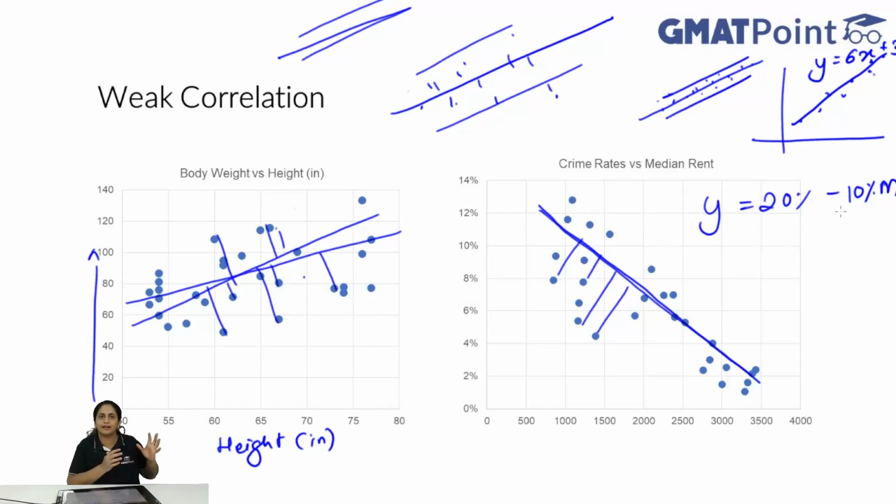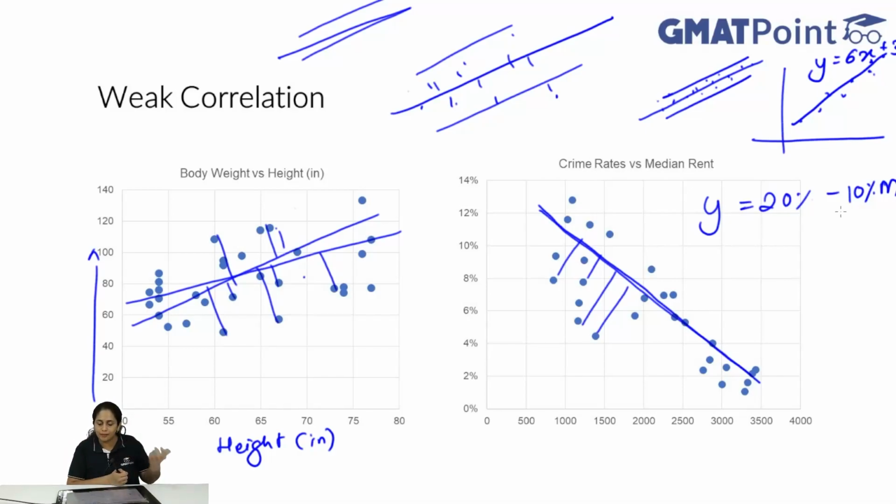So this is the basic idea of what is strong correlation, weak correlation, and the use of correlation to predict values when values are not known. So you basically see the trend, you draw a line, you figure out the equation of the line, and that equation can help you find out values of y for x, like x and y values where you don't have them.